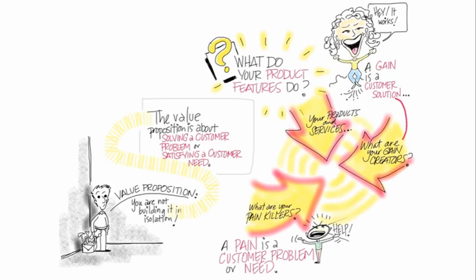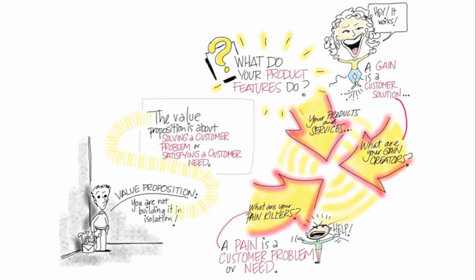Alexander Osterwalder, when he drew the business model canvas, really emphasized this. It's not just about your product. And especially if you come from a technical background, it's really easy to see, oh, look at all these features. And if you find yourself doing that, you need to complete the sentence and say, yes, but here's what we make people be able to do better, and here are the problems we solve for them.